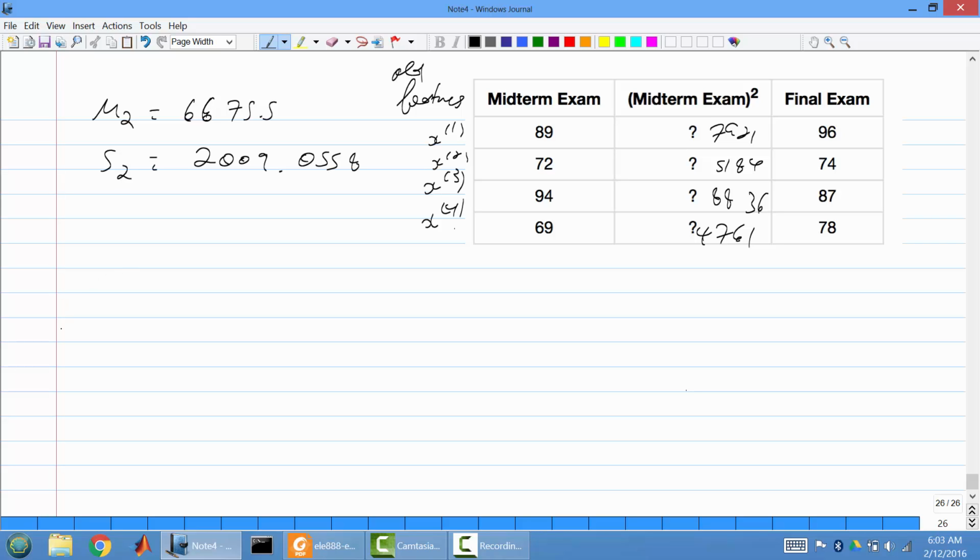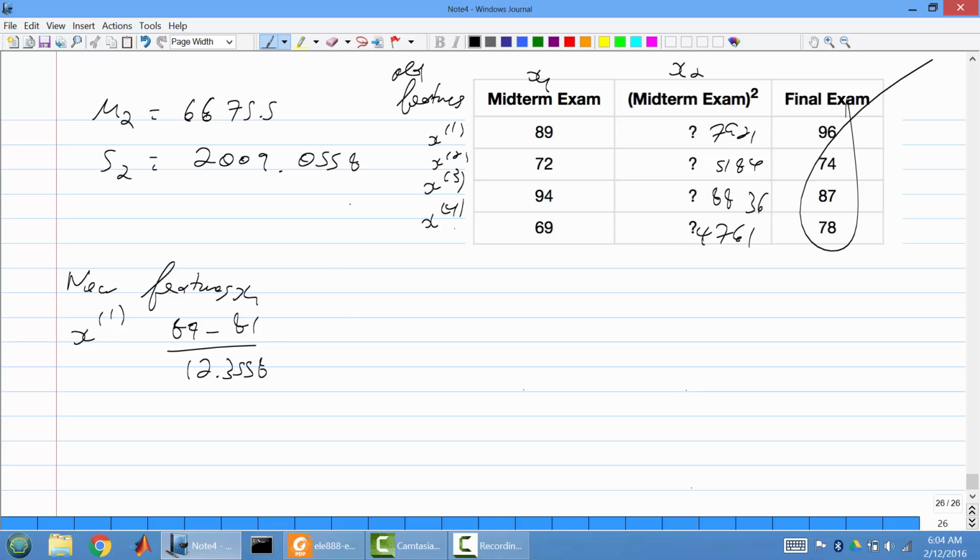So these are the new features. The first one is equal to 89 minus 81 divided by 12.3558. And then this is the first feature. Second feature, so don't forget about the final exam. I mean, don't forget about my final exam, but just forget about the final exam of this particular problem.